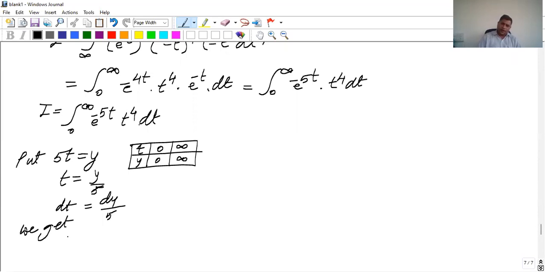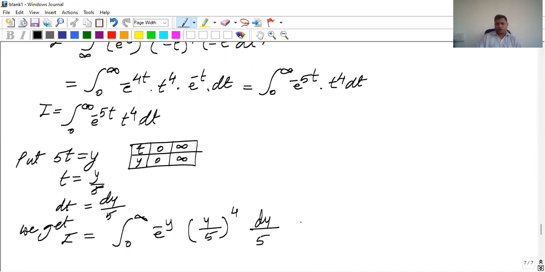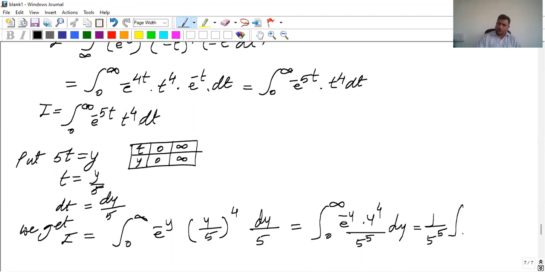So I is equal to the integral from 0 to infinity of e raised to minus y, (y by 5) raised to 4, and dt is dy by 5. We can write this as 1 upon 5 raised to 5 times the integral from 0 to infinity of e raised to minus y, y raised to 4 dy.